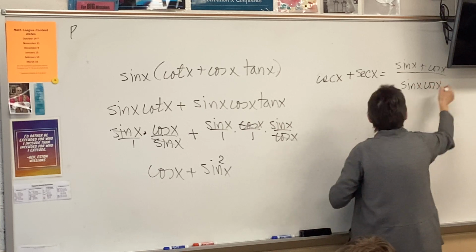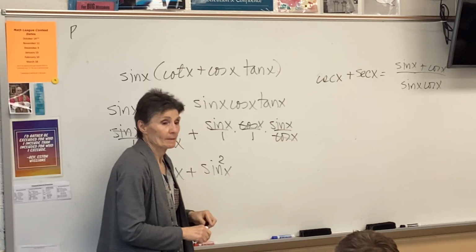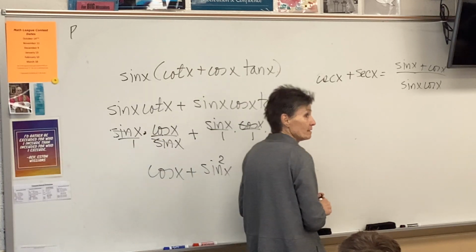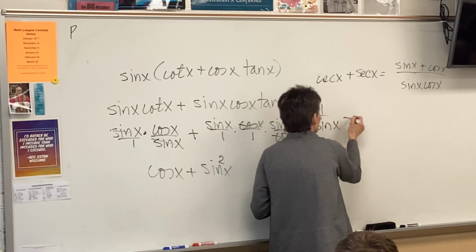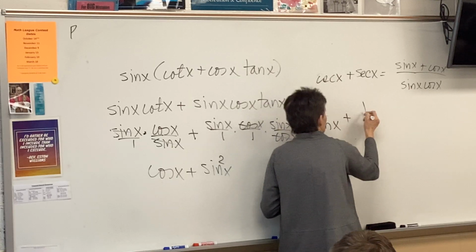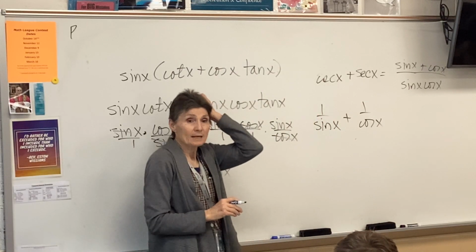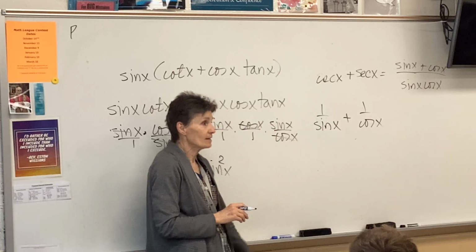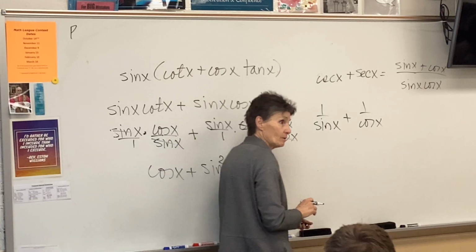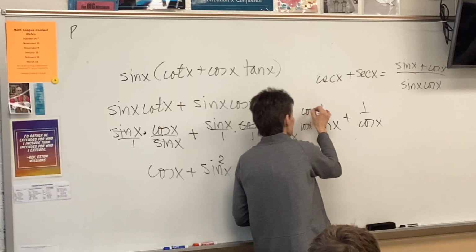All right, so let's look over here. What do you think we ought to do first? Change cosecant into 1 over sine, and secant into 1 over cosine. Now, hopefully, you're looking at that and saying, okay, I have a common denominator, which will be sine and cosine both.